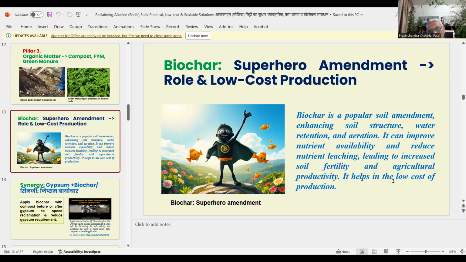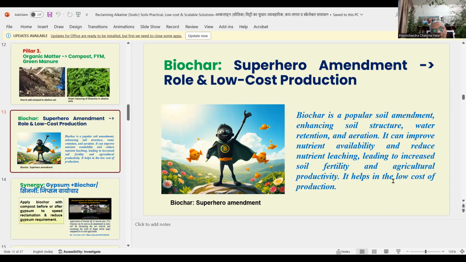As I have mentioned, acidic soil, saline soil and alkaline soil have high soil pH, then higher salt concentrations, 4 millimhos per centimeter, then exchangeable sodium percentage greater than 15 in alkaline soil or sodic soil.